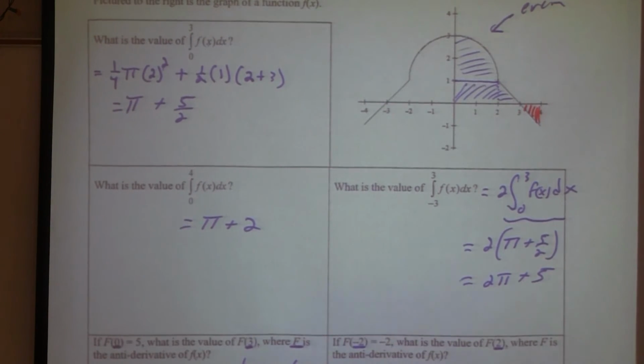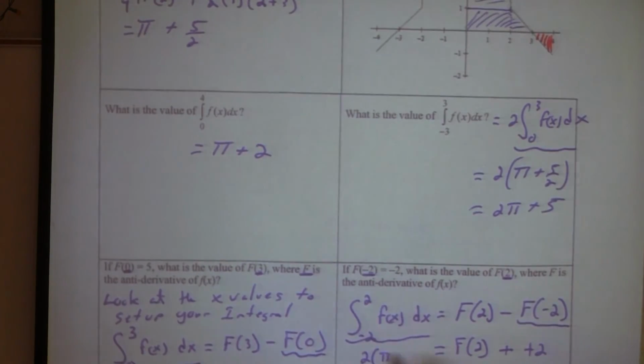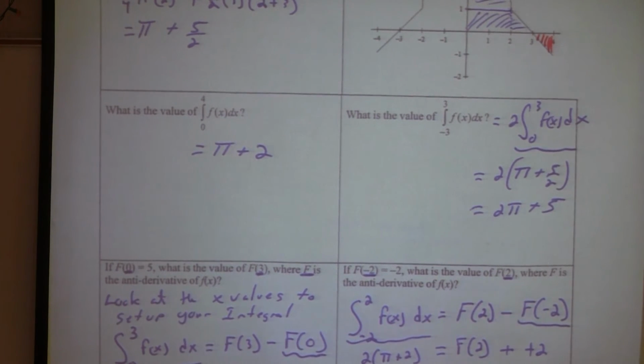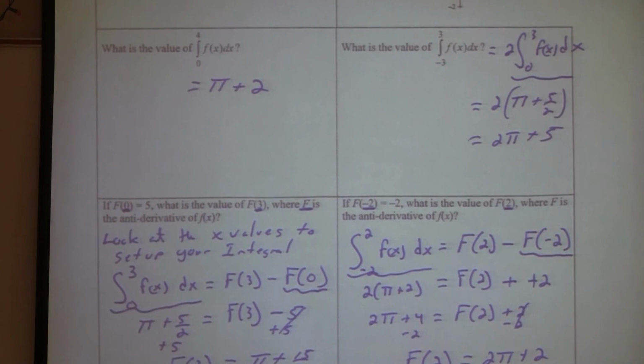Pi plus 2, but I have how many of those? 2 of them, right? So that's going to be equal to 2 times pi plus 2, which is 2 pi plus 4, right? And then we're going to minus 2. So my final answer for that value is going to be 2 pi plus 2. Beautiful?